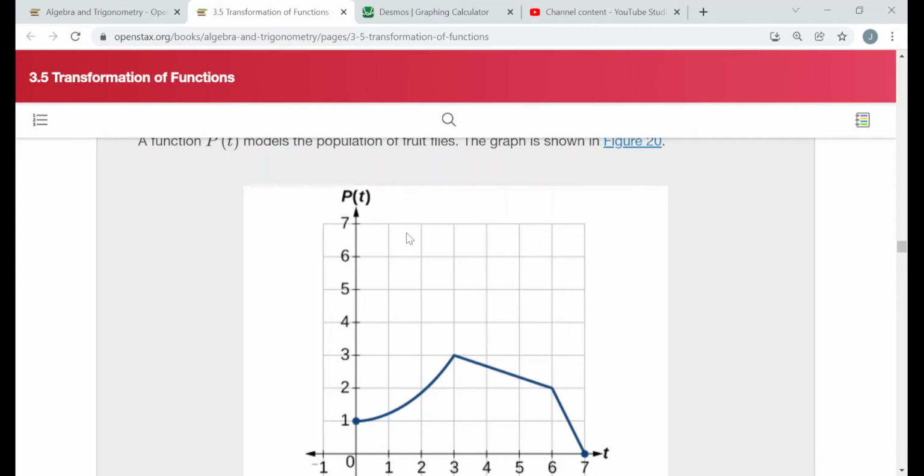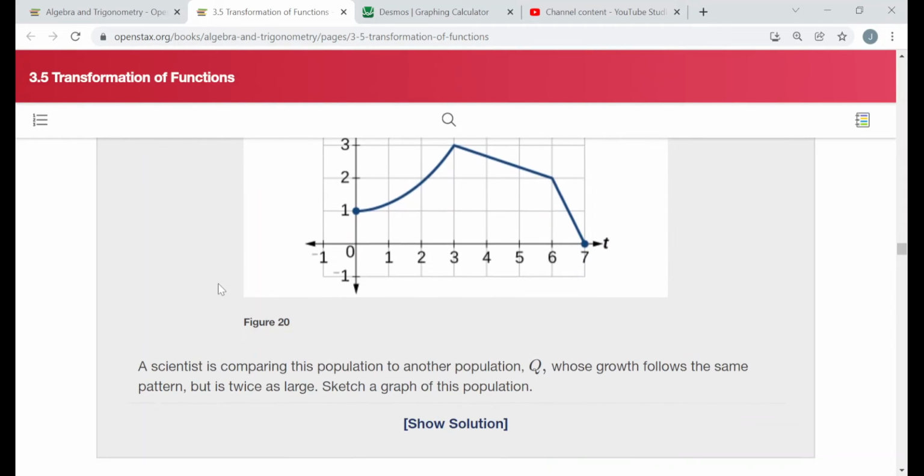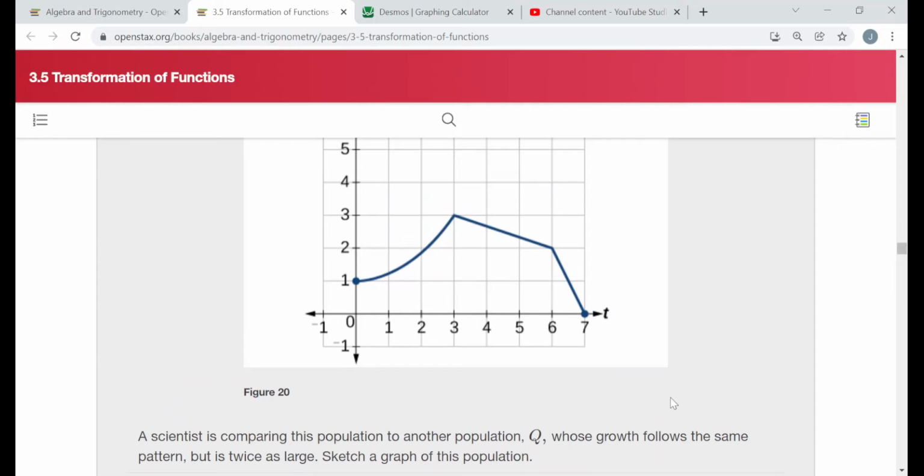I'll draw a rough sketch of this on my paper as well. What we're asked to do, it says here, a scientist is comparing this population to another population, Q, whose growth follows the same pattern but is twice as large. So sketch a graph of this population Q.